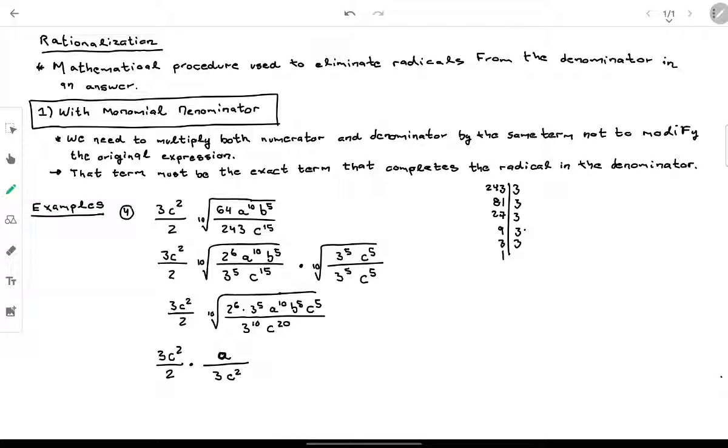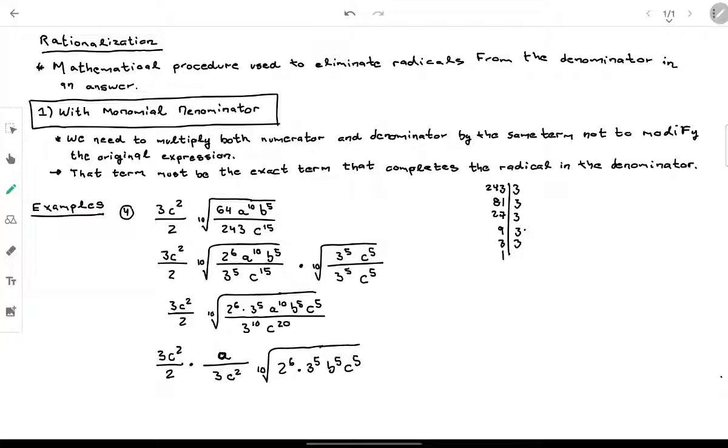And on the inside part, what will happen? On the denominator, we take out everything, but in the numerator, we have 2 to the 6, we have 3 to the 5, we have b to the 5, and we have c to the 5.